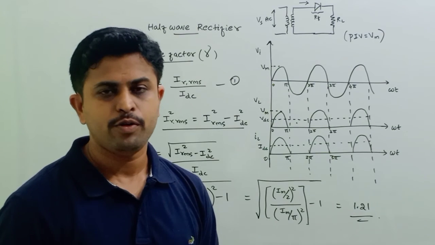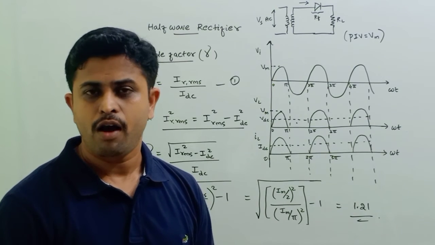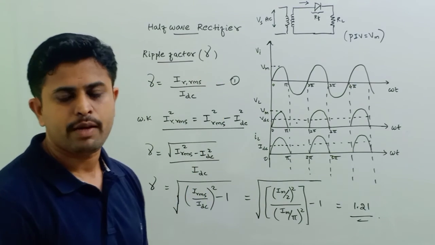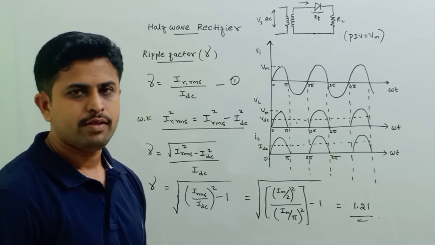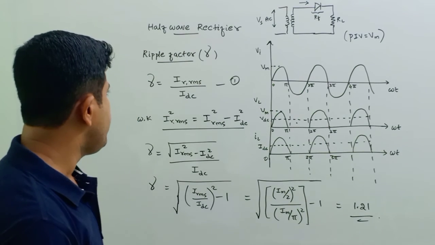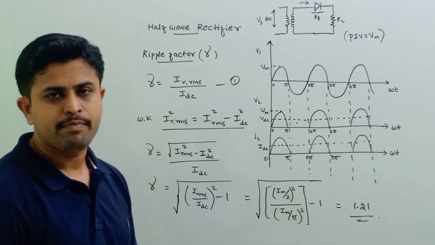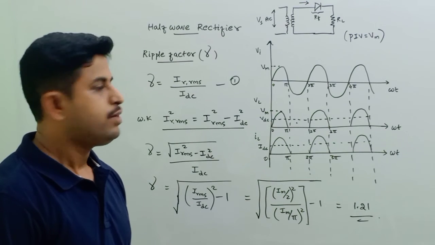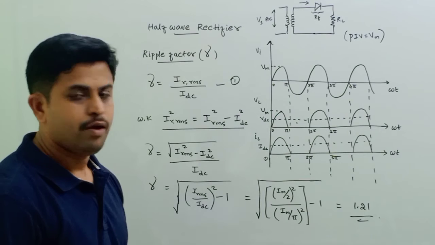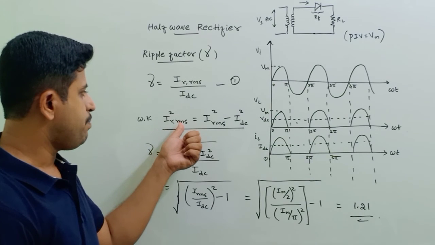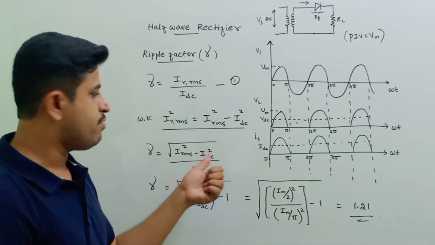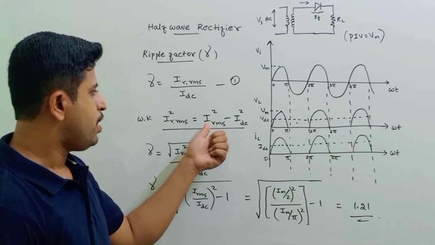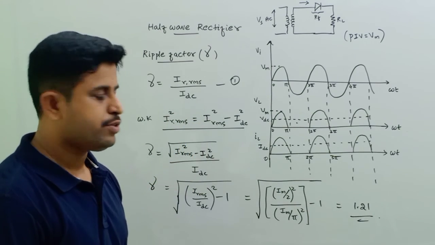Okay, now we are going to obtain the ripple factor of the half-wave rectifier. You can see here, this is the symbol we use to represent the ripple factor of this half-wave rectifier, and the ripple factor is given by the ratio of the AC component to the DC component. We know that the RMS value of the ripple current is given by IR RMS square equal to IRMS square minus IDC square.